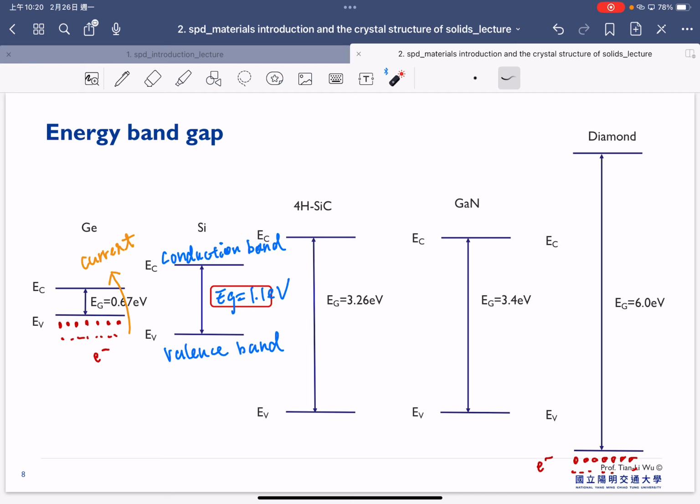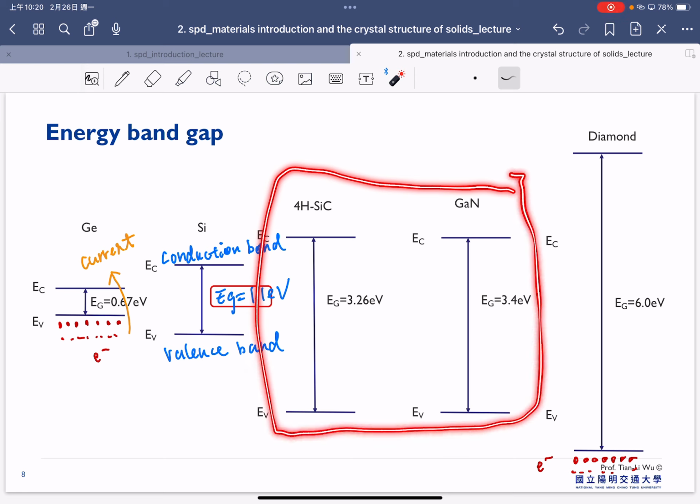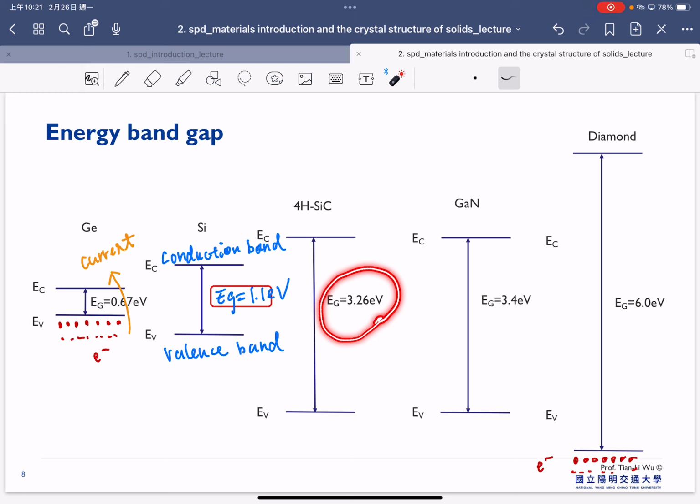And in between, for these two, silicon carbide and gallium nitride have a band gap which is more than 3 times larger than silicon. So that means the electrons here still might have a chance to reach the other side.